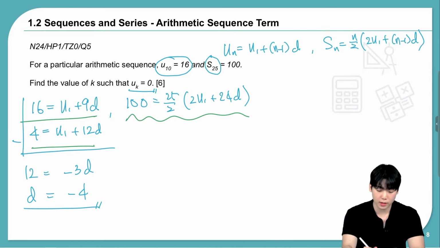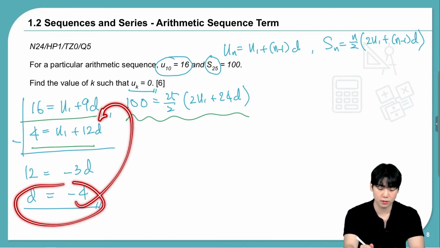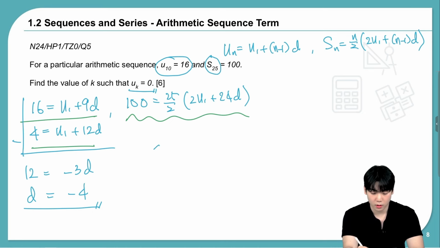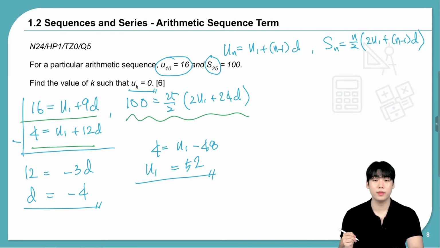Subbing this whole thing into this equation, then I have 4 is equal to U1 minus 48. Then I have U1 to be 52. Okay? And with these, I can find UK.